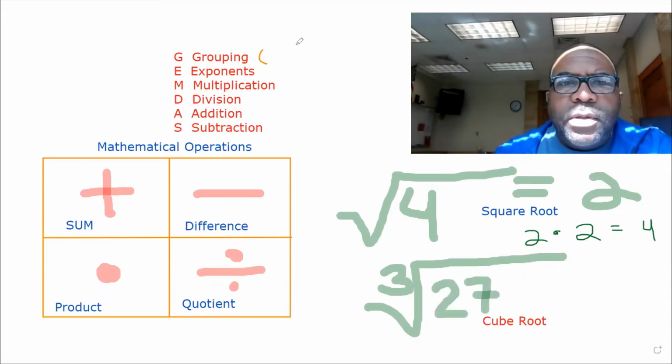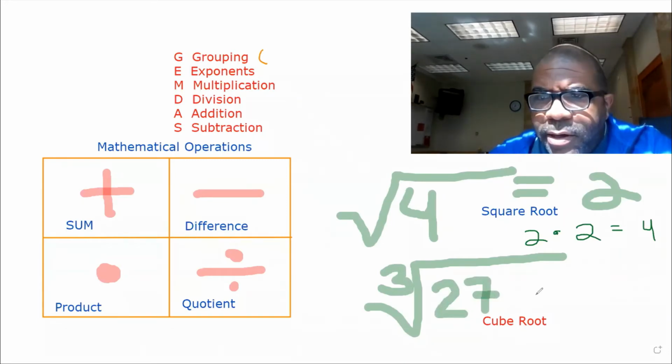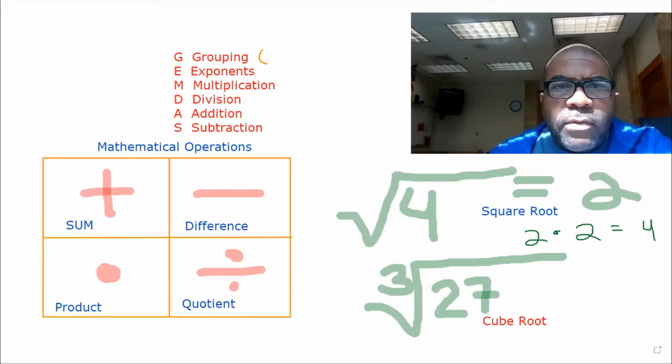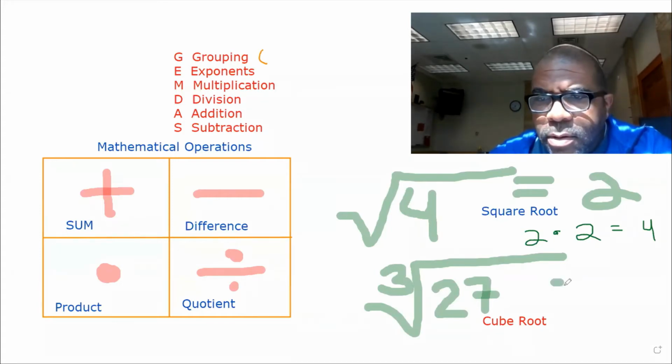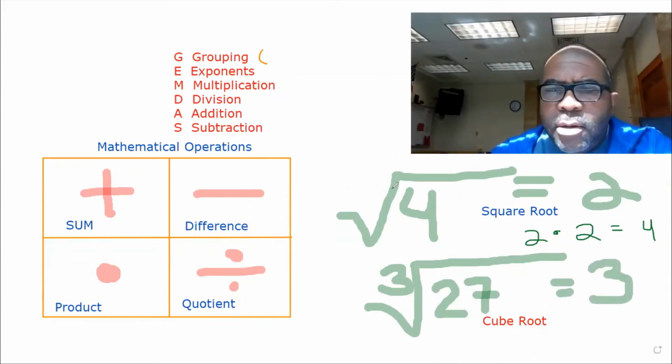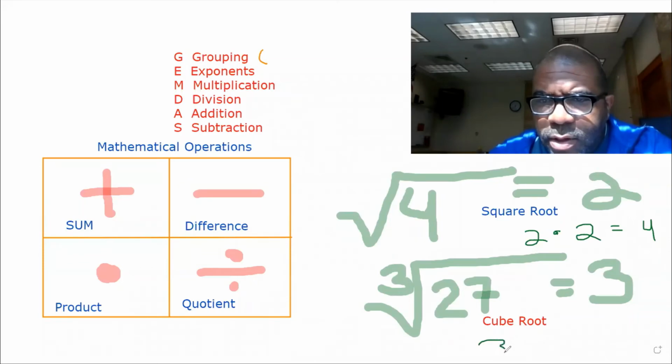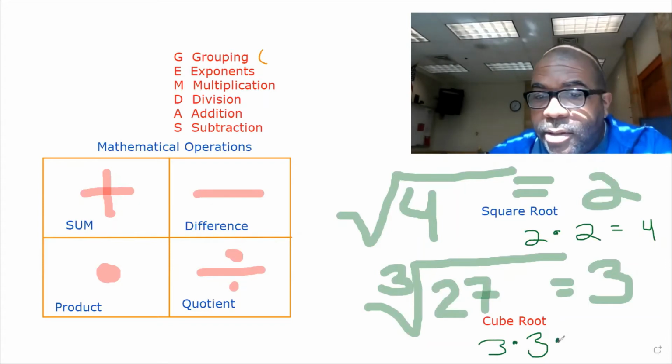Now the cube root of 27 is 3. Let me share why: 3 times 3 is 9, and 9 times 3 is 27.